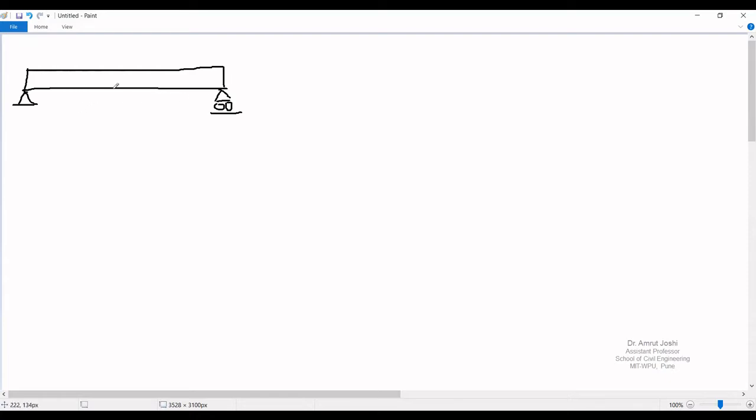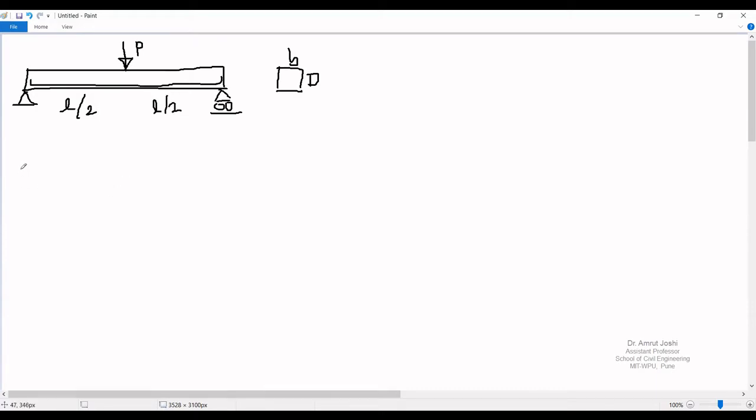So let us consider this prismatic beam which has rectangular cross section and has width B and overall depth D. Let us say this is reinforced concrete beam, so it has longitudinal steel provided at the bottom, and it is loaded by a point load at midspan. Therefore, this distance is L by 2. This distance is also L by 2.